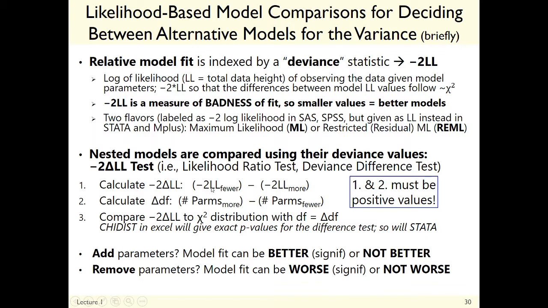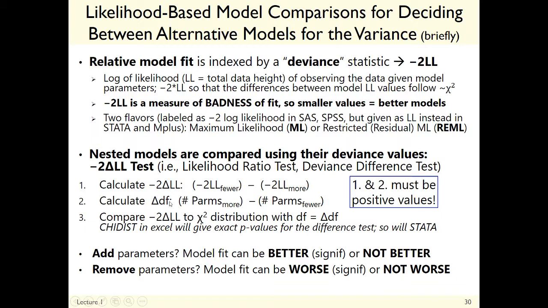But what you do is take the difference. It is always the model with fewer parameters minus the model that has more, to create a positive result. So minus 2 log likelihood from the model with only one pile of variance in this case, minus the minus 2 log likelihood for the model with more.